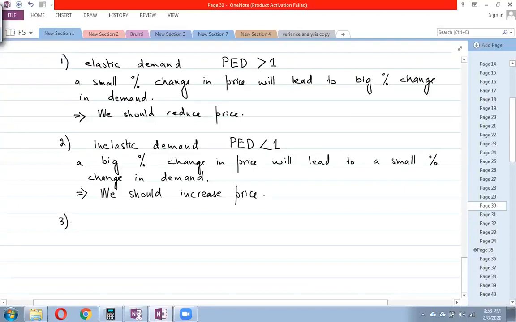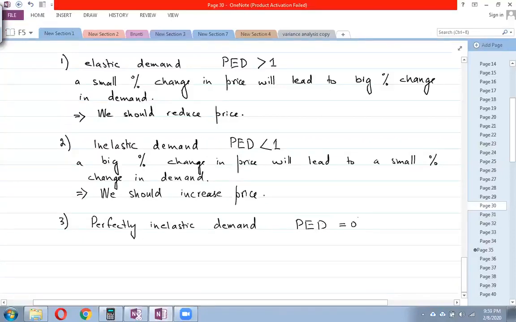Third situation, when it is perfectly inelastic. Perfectly inelastic demand. And in this, of course, price elasticity of demand will be equal to 0.